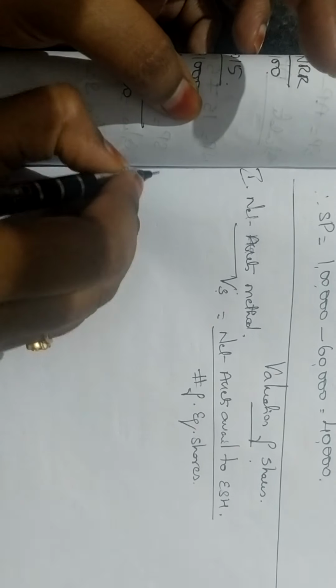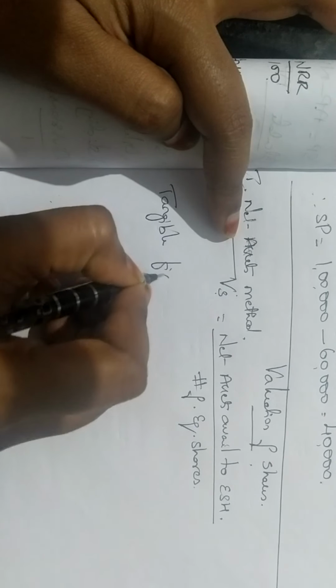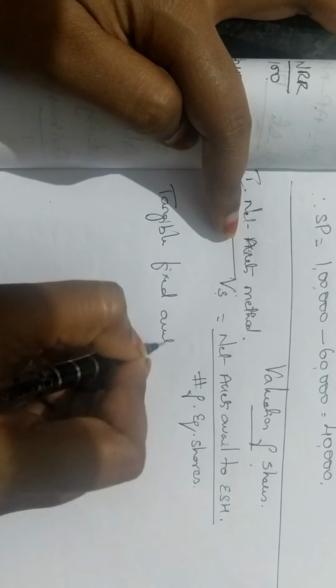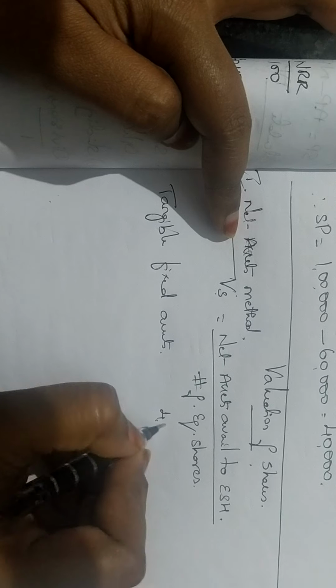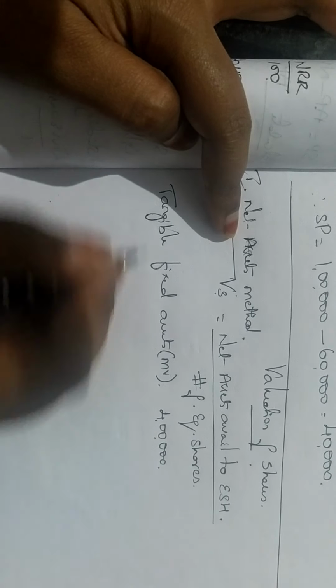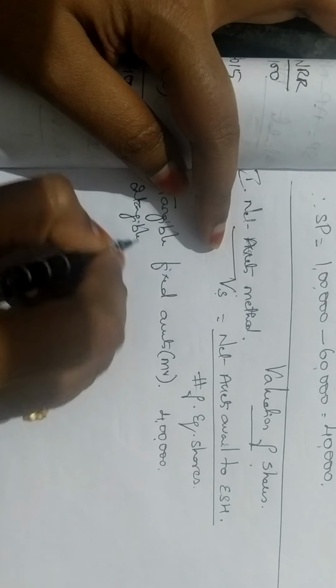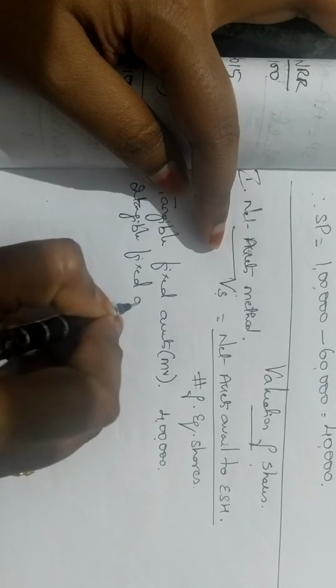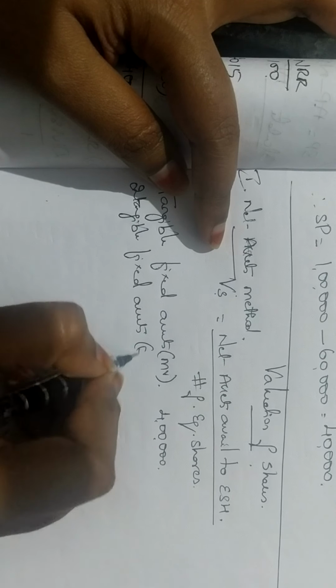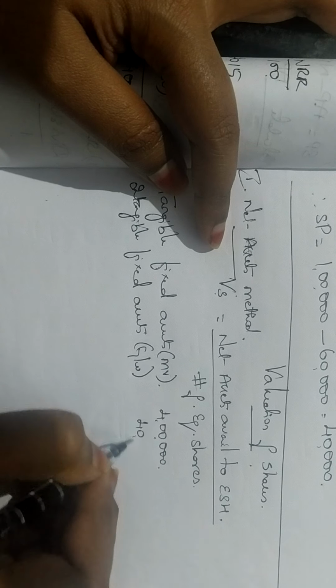So I will be writing tangible fixed assets as 4 lakh. This is a market value. Then I will write intangible fixed assets, which are your goodwill, that is again given as 40,000.